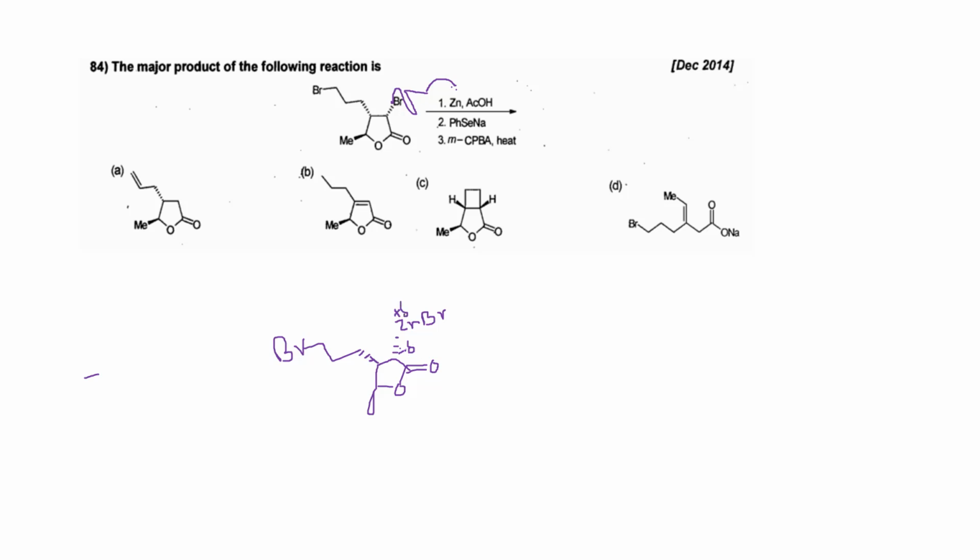So the delta negative charge will attack this. Now acid is given, so in acidic medium, as this is a delta negative charge, it will be protonated, forming this.